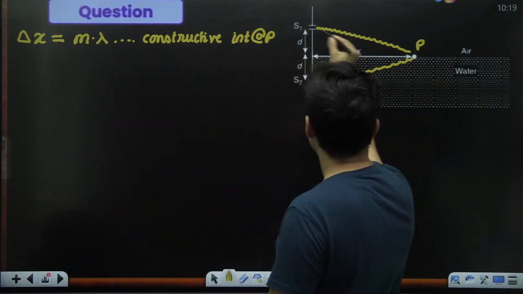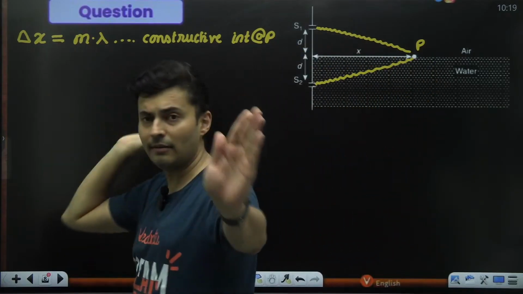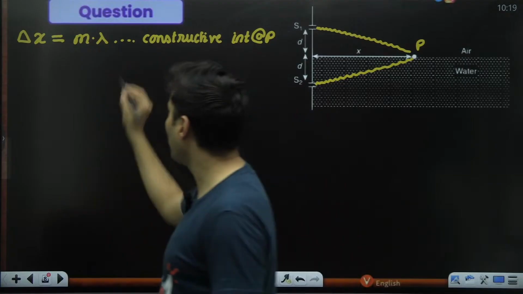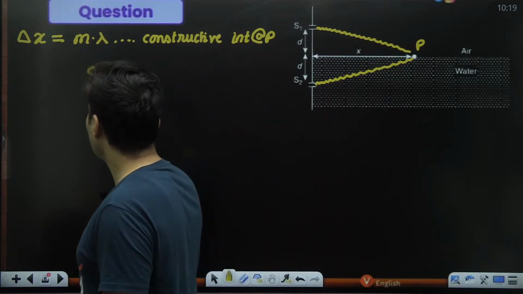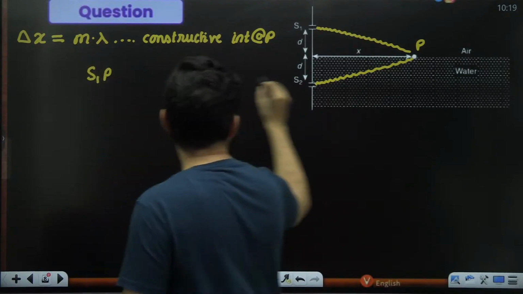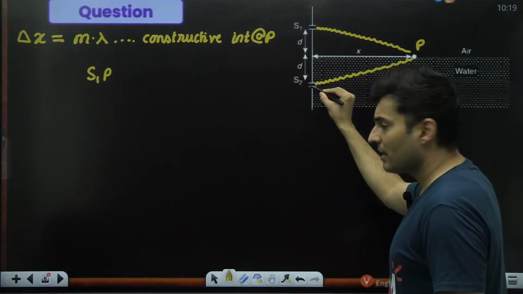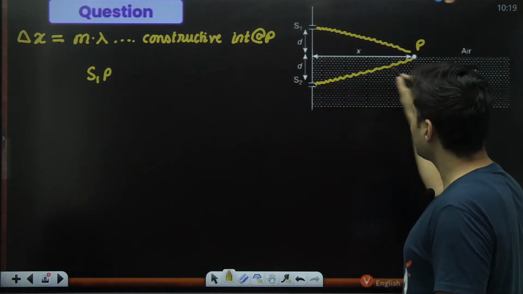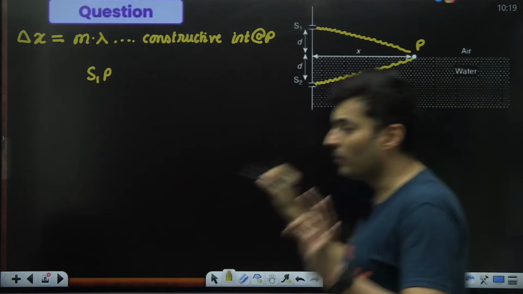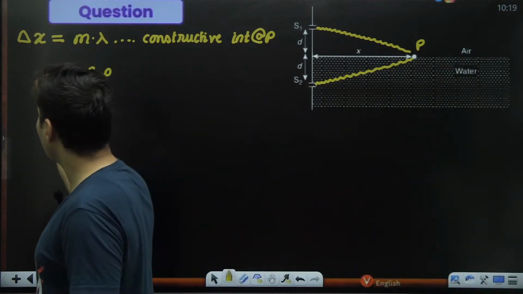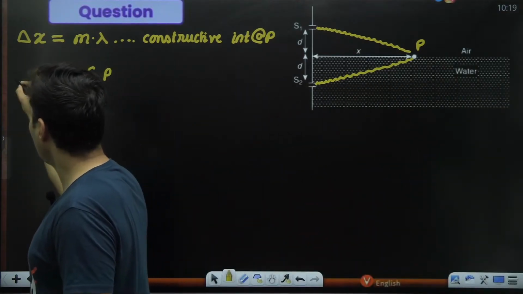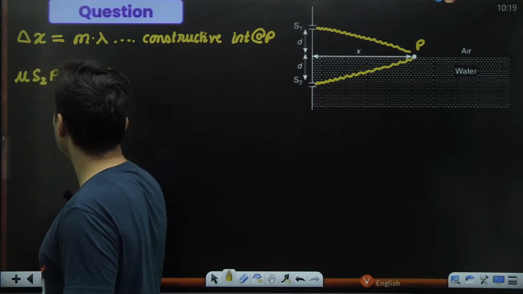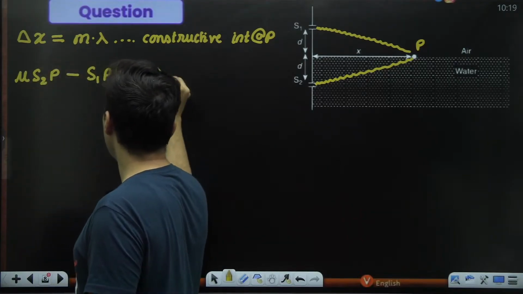The ray from S1 to P is directly traveling through air, so the optical path length is just S1P. But the ray traveling through slit 2 is traveling through water, so the optical path length will be the distance S2P multiplied mu times. That gives you the path difference, which is equal to m lambda.